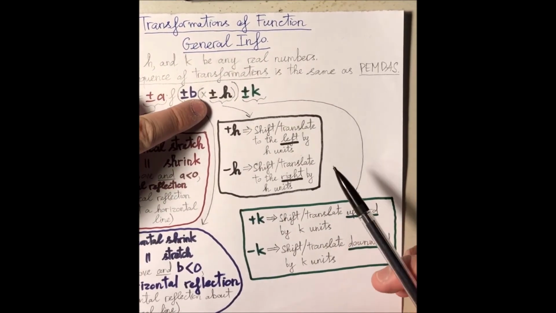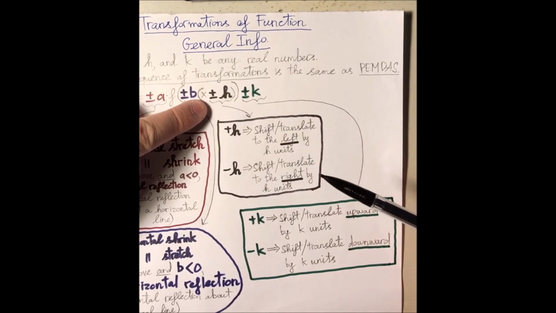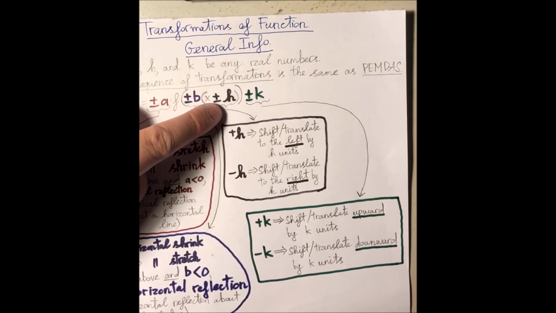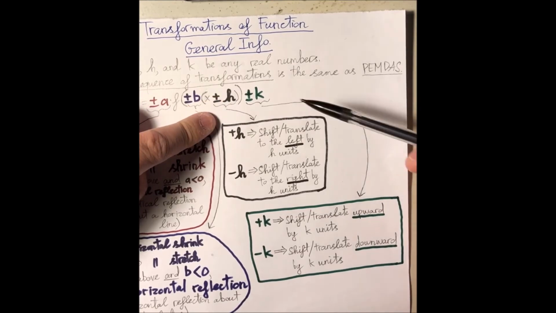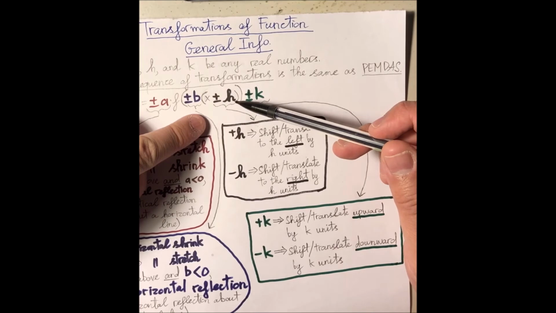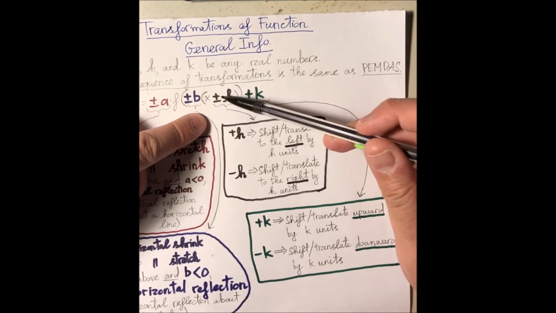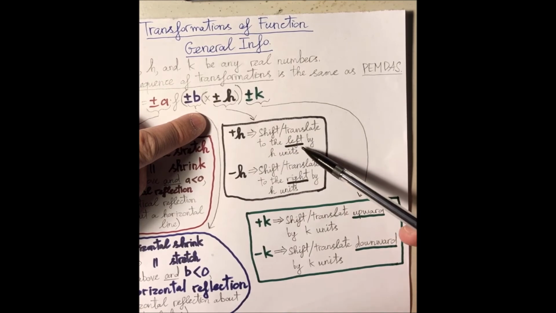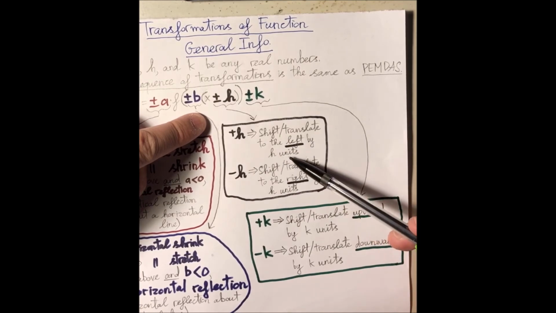The next component is the plus or minus h. Now, the plus or minus h is what you have seen a lot in most of the problems that you do, because for me and my students, we are mostly given x plus or minus something in a function that we are asked to do the transformations on. Now, inside your function f, if you have plus h, the plus h is going to represent a translation to the left by h amount of units.